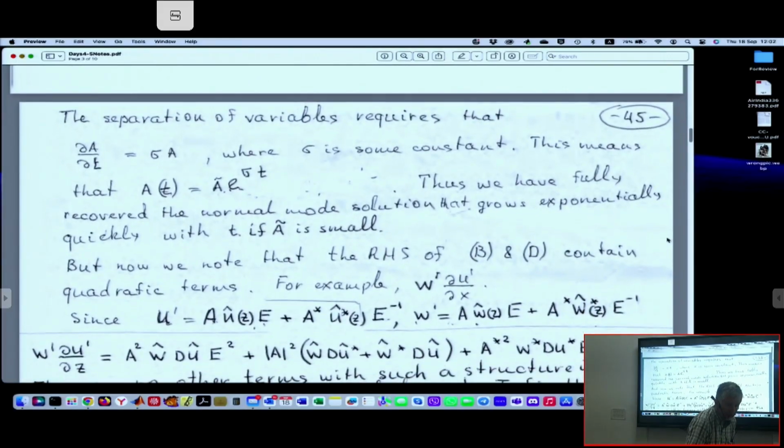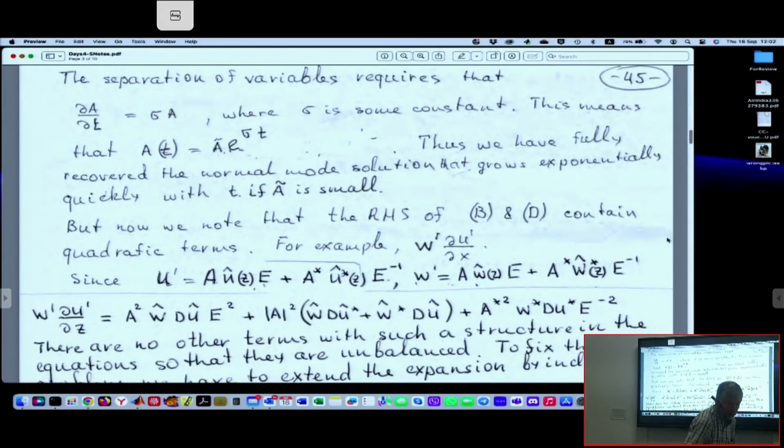And now I need to look at my equations more carefully. So what do I mean by that? Remember, we started our investigation with an assumption that perturbations have small amplitude, so A is small.